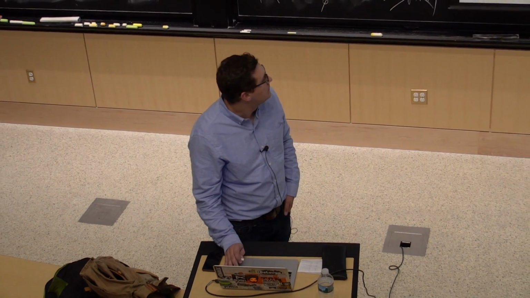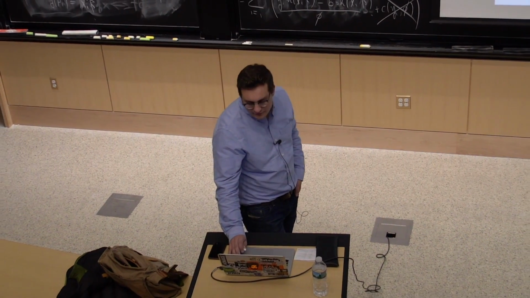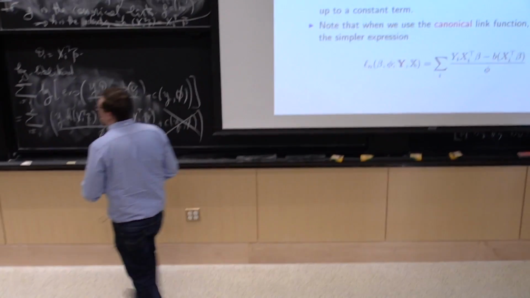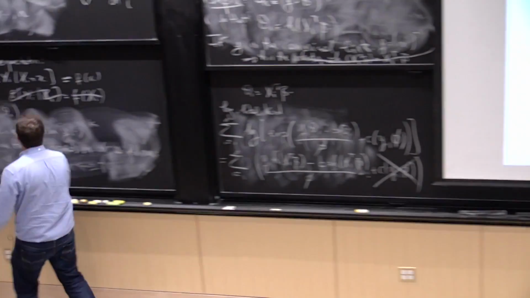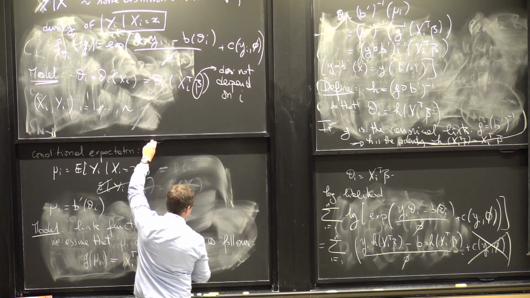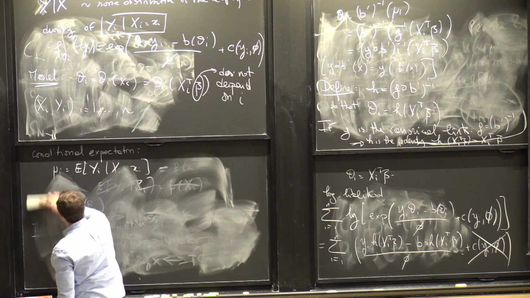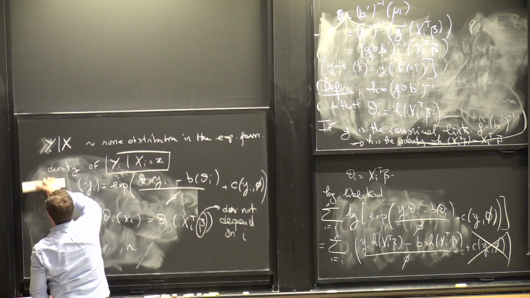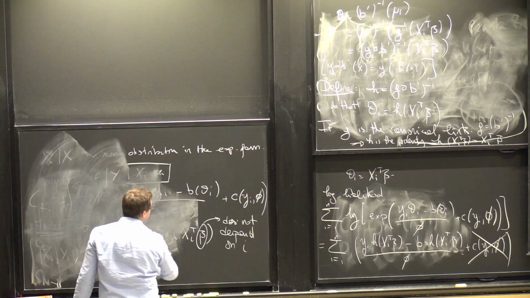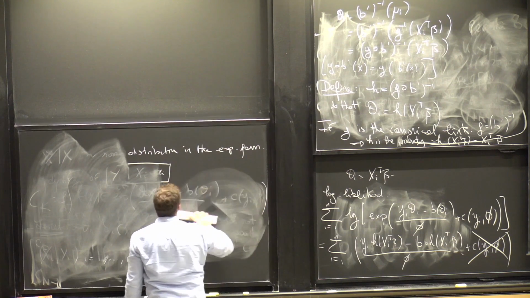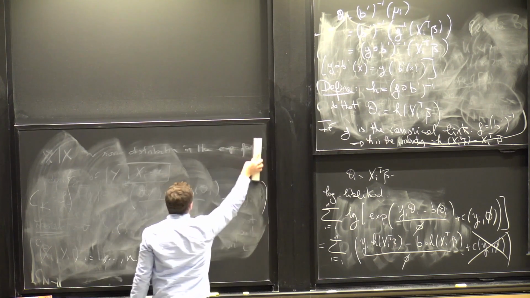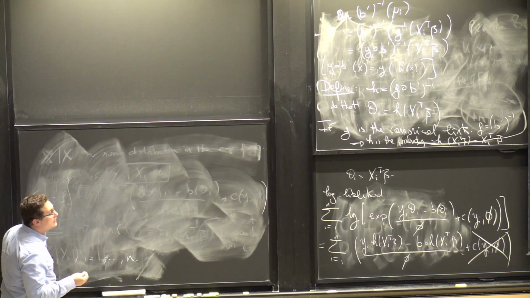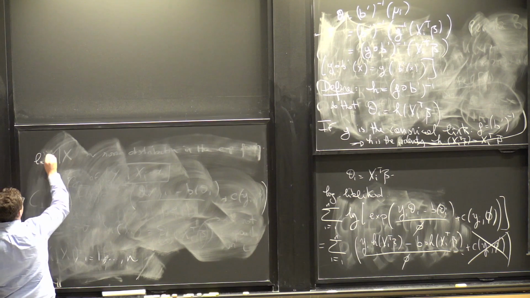Why is it simple? Well, let's actually focus on this guy for one second. So let me write it down so we know what we're talking about. So we just showed that when I use the canonical link, so that h is equal to the identity, the log likelihood takes the form ln.